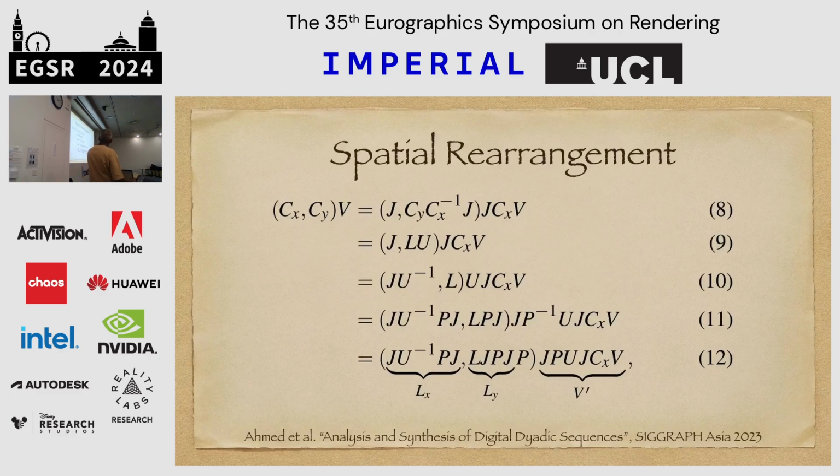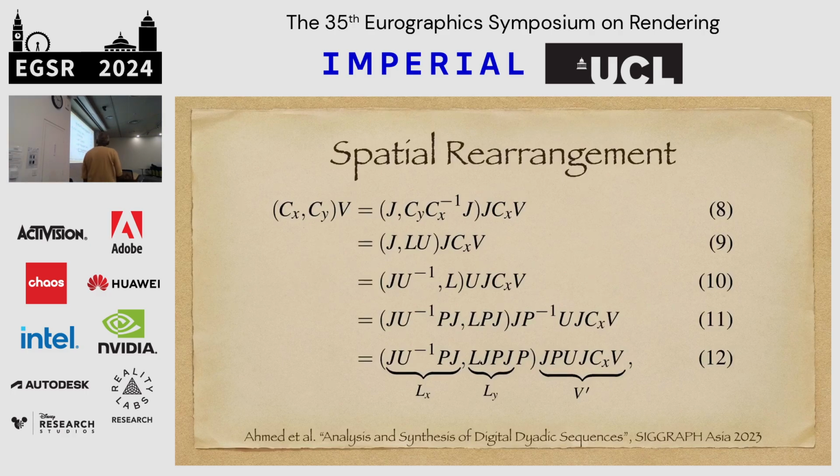This is also known in the literature. In a paper we published last SIGGRAPH Asia, if you have a Hammersley net, for example, or a Gray code net, or any LP net, you can convert it to a sequence using these drivers.